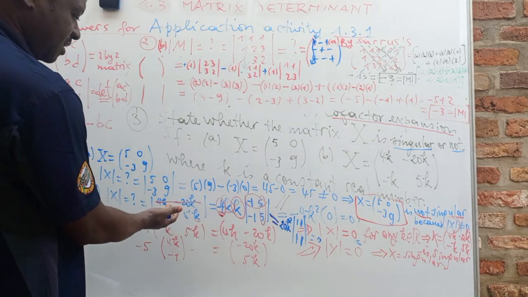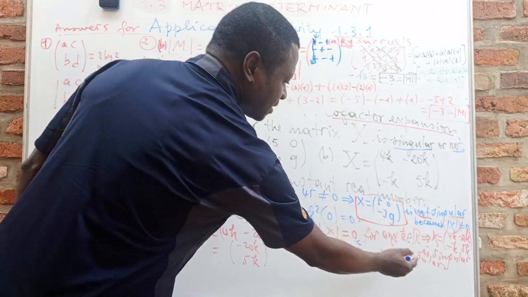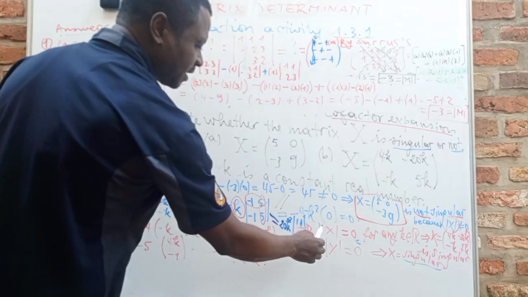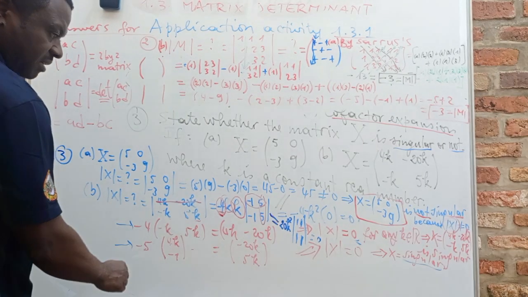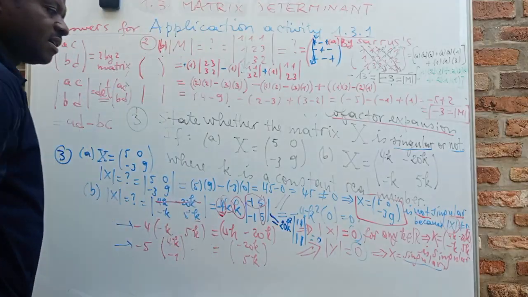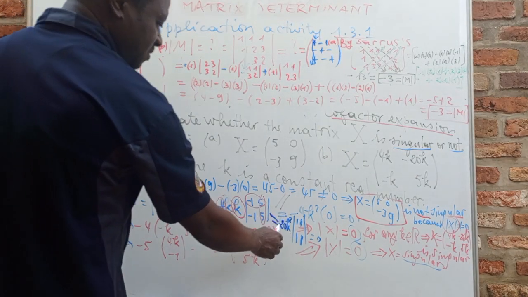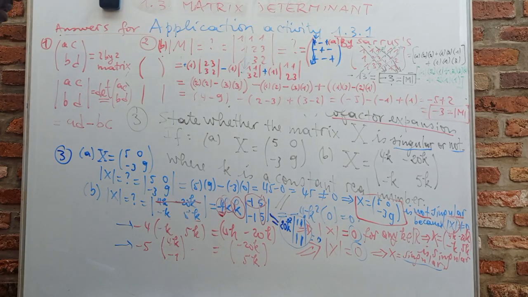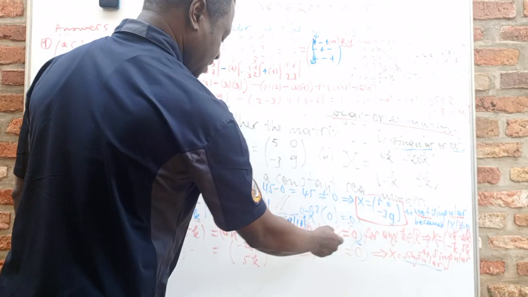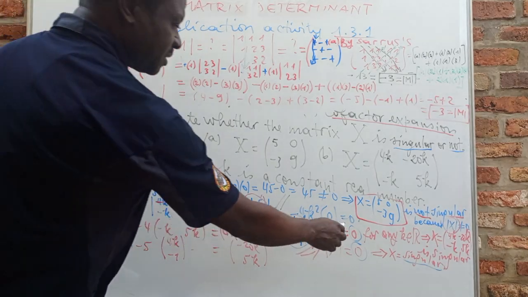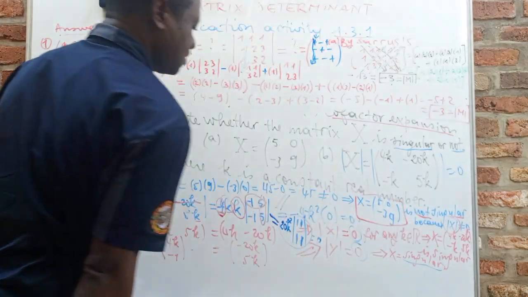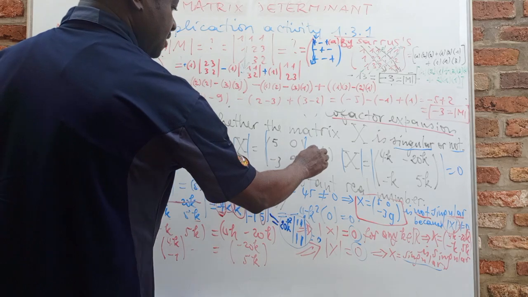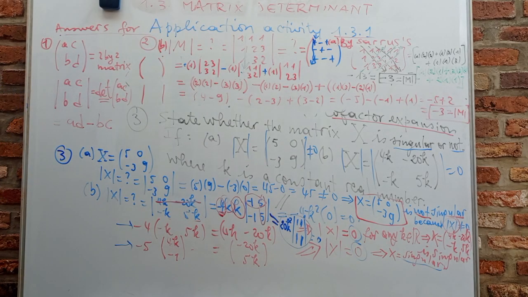There are many reasons to treat this matrix as singular by showing that the determinant equals 0. In all cases, either using this argument or this argument, we found that it is equal to 0. There are many ways to show that in case of B, the determinant of this matrix is equal to 0, while the determinant of the other matrix is different from 0. That was the answer.